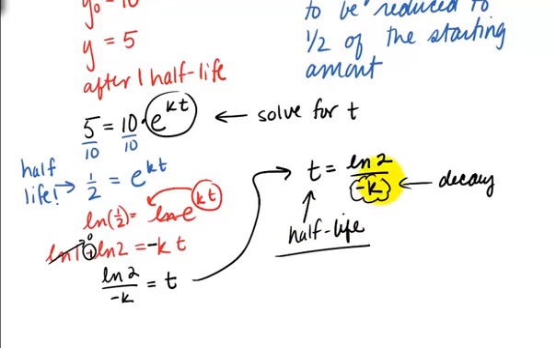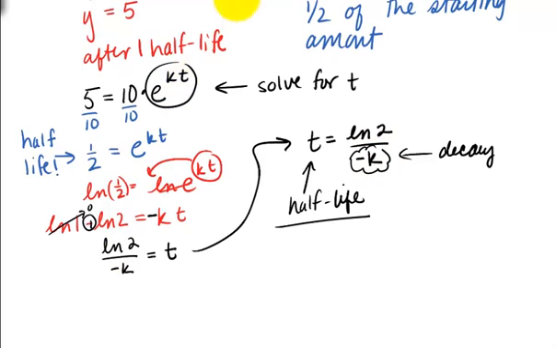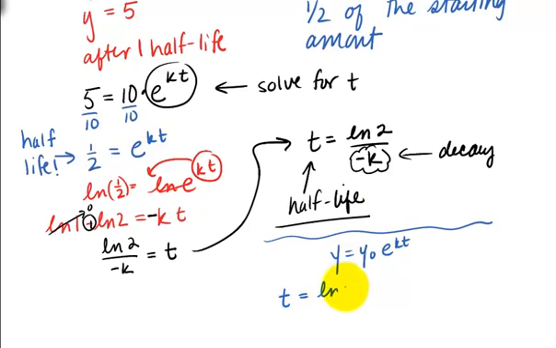This has some interesting effects, and this is something you do want to memorize. So going back to what we have initially, our generic equation is y equals y naught e to the kt. If you're using this generic equation, you can remember that your half-life is always going to equal the natural log of 2 divided by the opposite of k.